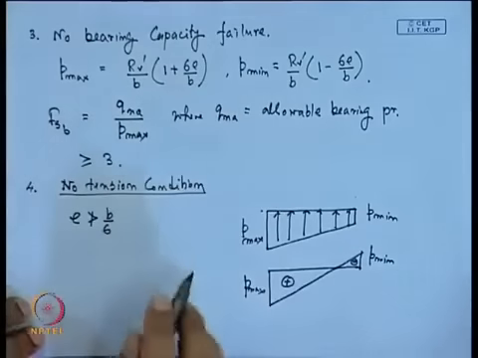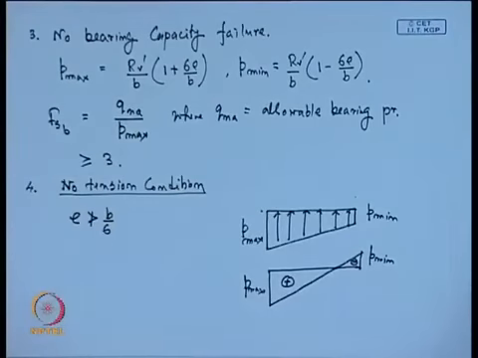So, these are the 4 checks we have to do during the design of a retaining wall. First, we have to roughly decide the dimension of the retaining wall based on the provided guidelines.